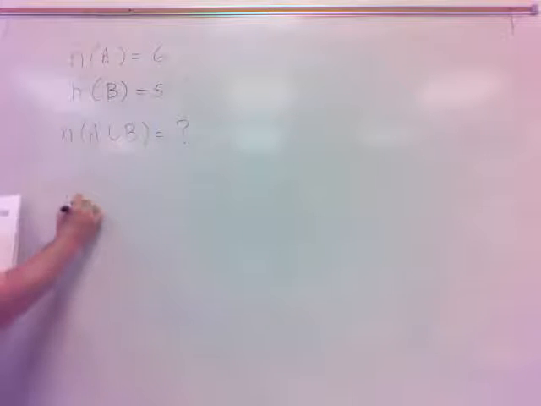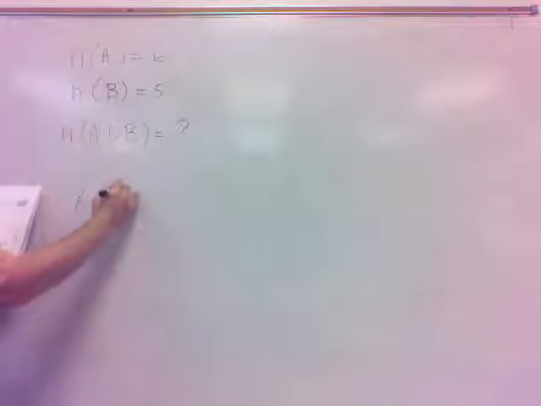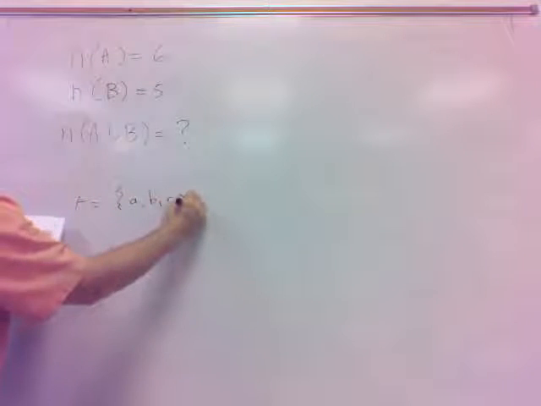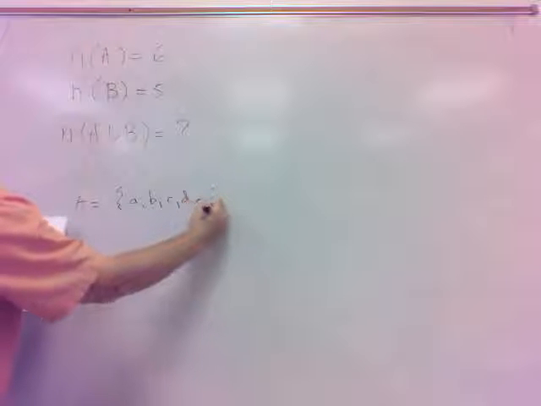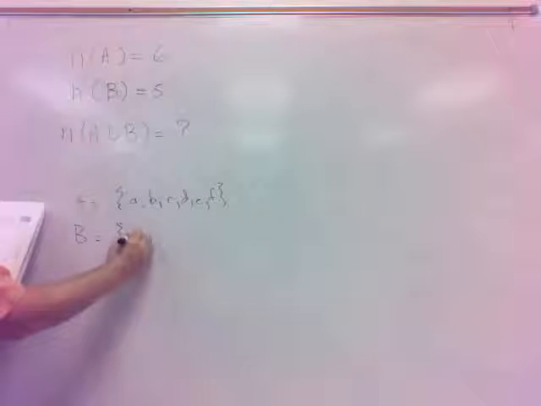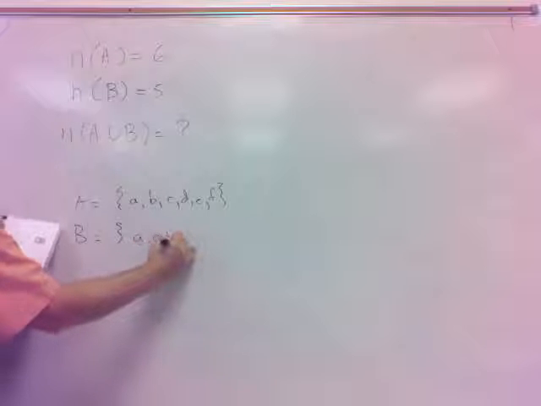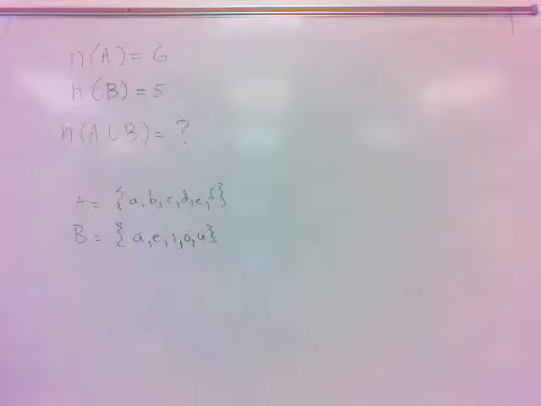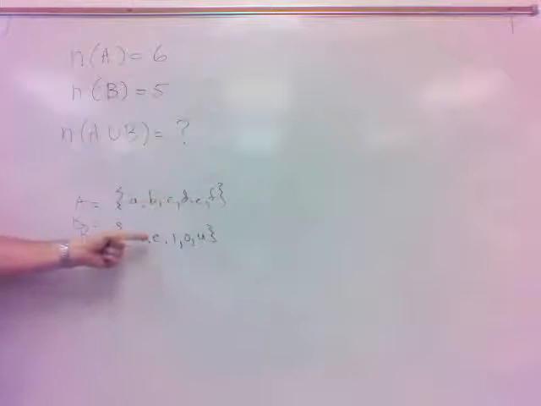Let's say A, we want to have 6 elements, so A is going to be A, B, C, D, E, and F. B is A, E, I, O, and U, the vowels. So doesn't that have 6 elements for A? 1, 2, 3, 4, 5, 6. 5 elements for B? A, E, I, O, and U.